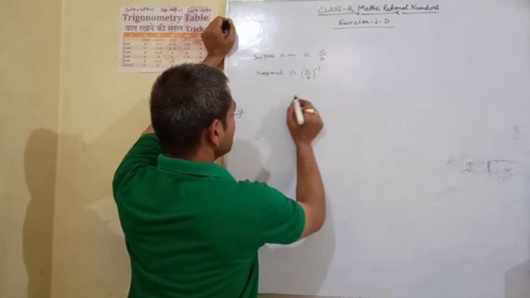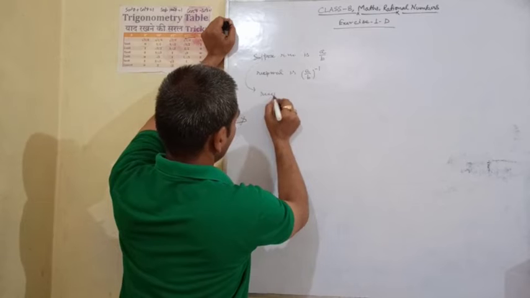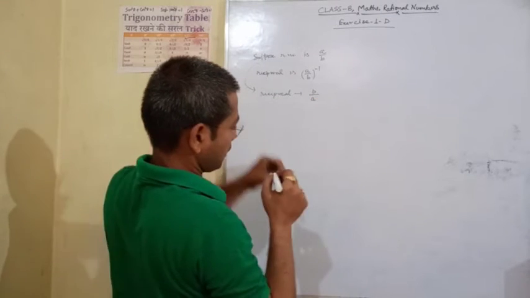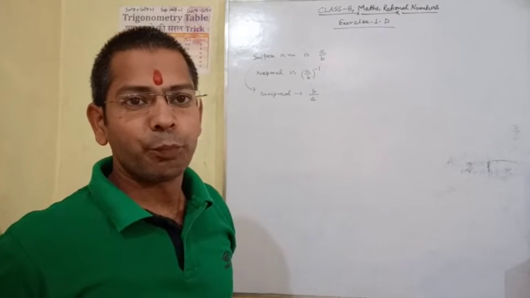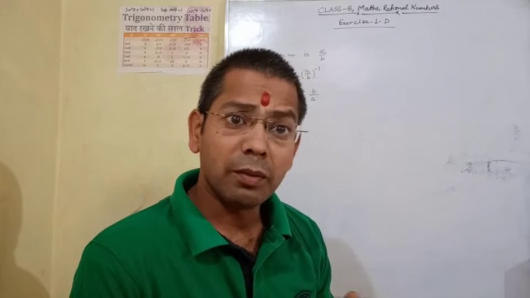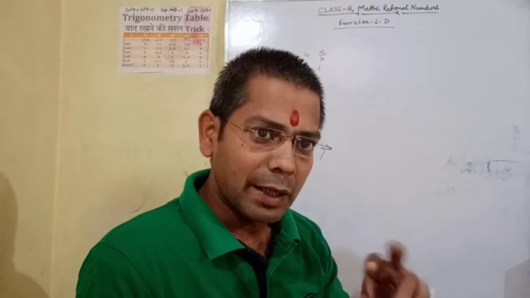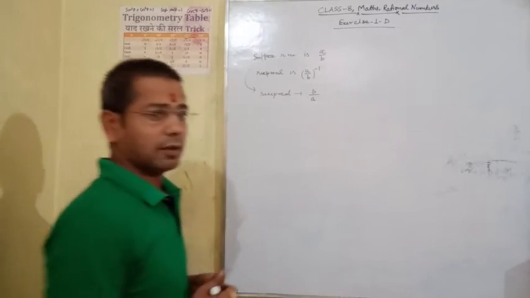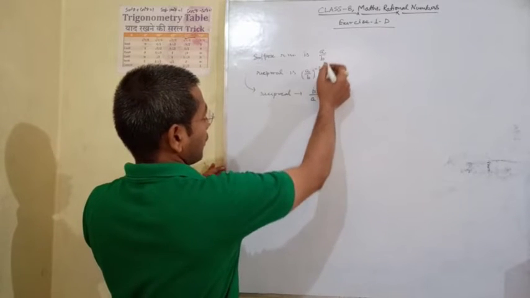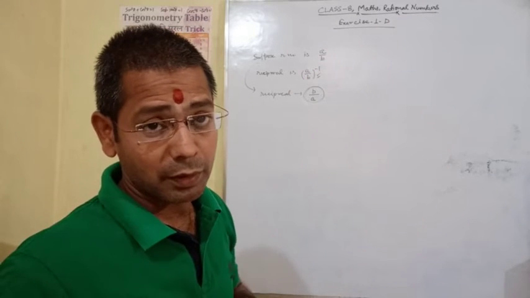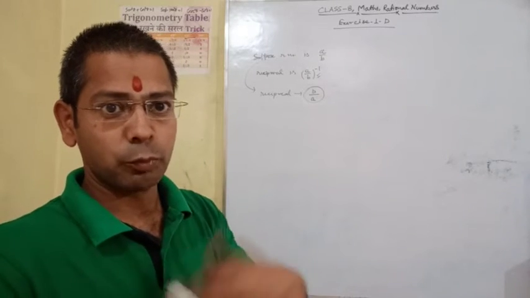Why? Because when we calculate its reciprocal, the denominator goes up and the numerator comes down. Meaning to say, when we understand it exponentially, when the exponent of a number becomes negative, the exponent tells us to interchange the numerator and denominator mutually.